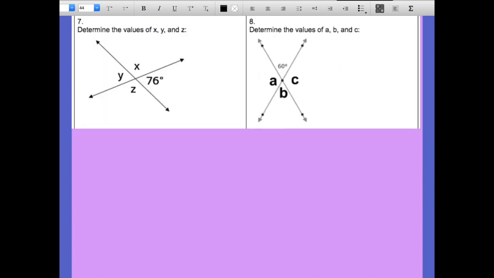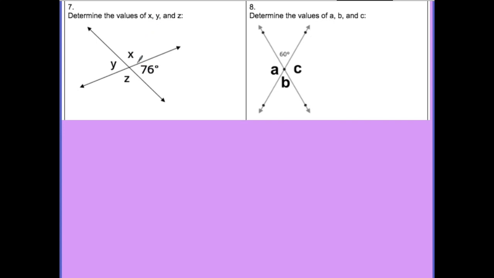All right, here we have some vertical angles too. So x, y, and z, we know that vertical, the one opposite it, is the same, 76 degrees. All right, then I know that since this is a line, it's 180 degrees, so x is going to be 180 minus 76.